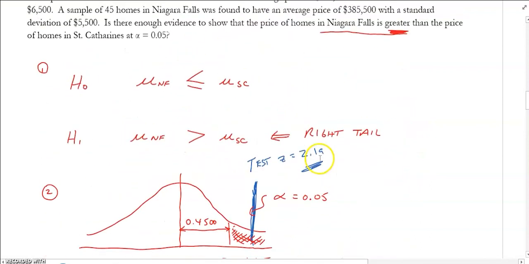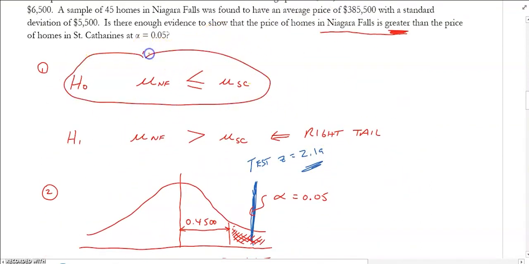So once again, what does that mean? We're going to reject this statement, and we're not going to reject H1. In other words, there is enough evidence to show that the mean price of homes in Niagara Falls is significantly greater than those of St. Catharines.